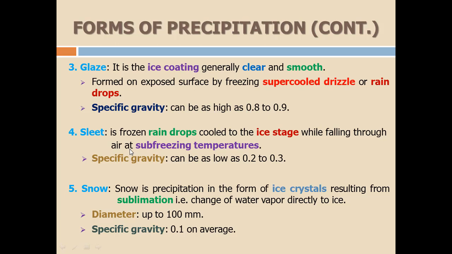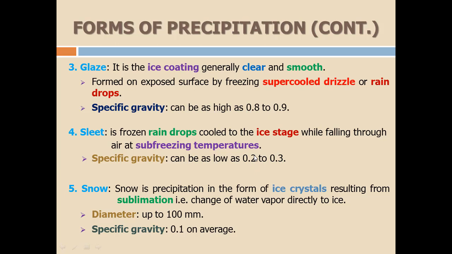Now if we compress a solid, its specific gravity will increase. So this is very low specific gravity, 0.2 to 0.3. What does it mean? That the drops of sleet are actually not compressed.